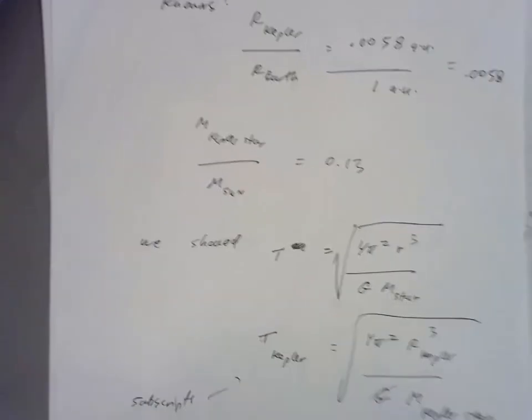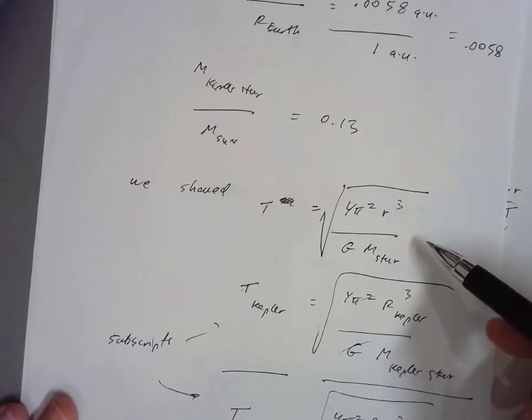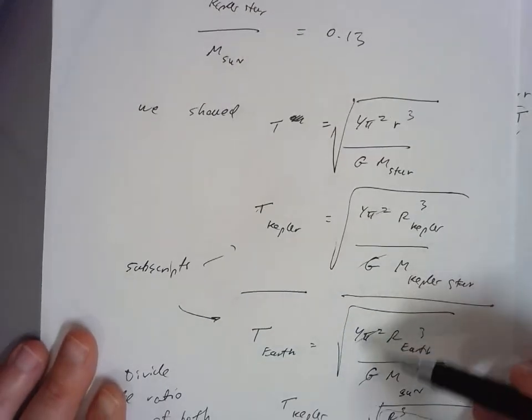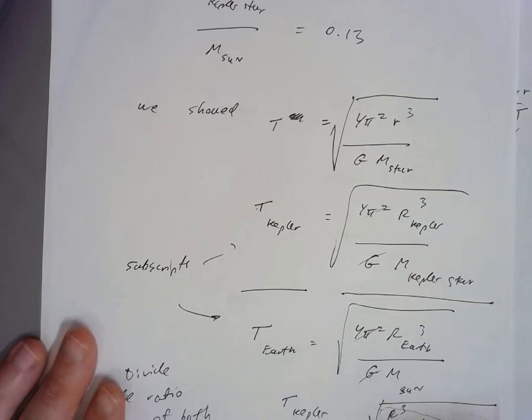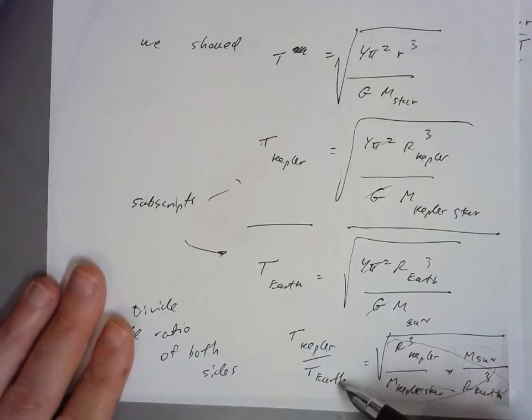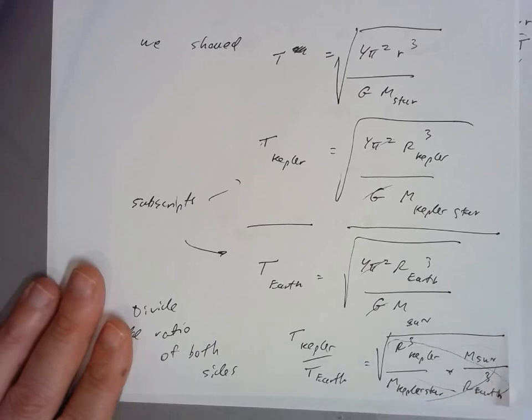And then you want to write your formula for what you're solving for. You want to write that formula twice, once for each of the things you're comparing. Then you take your ratios to get the ratio that you're looking for right here. And the ratio that you're looking for will be in terms of the known ratios. And then you sub in your known ratios.